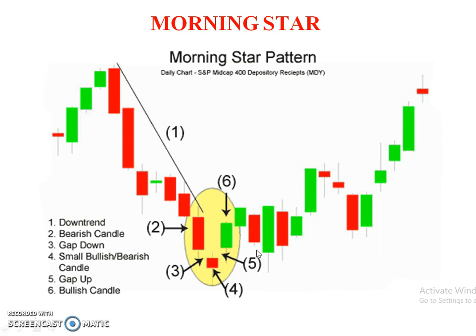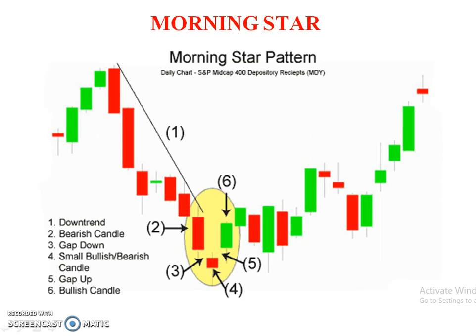The gap up candle must close above the half of the first candle in the formation indicated by number 2. After gap up candle, if the stock price closes above the high of gap up candle, then it generates buy signal. Other indicators should be checked for stronger signal and appropriate entry.